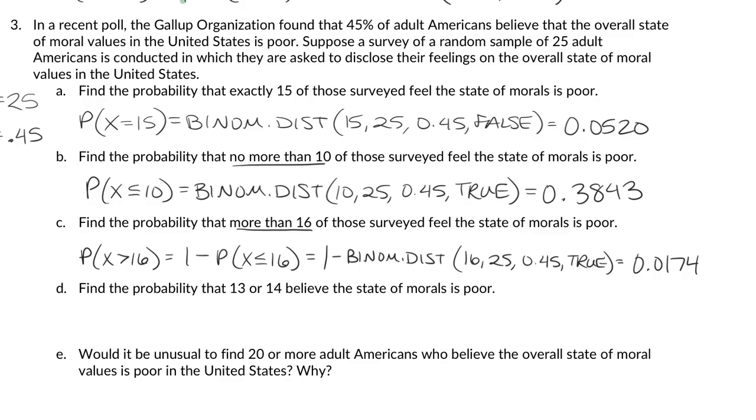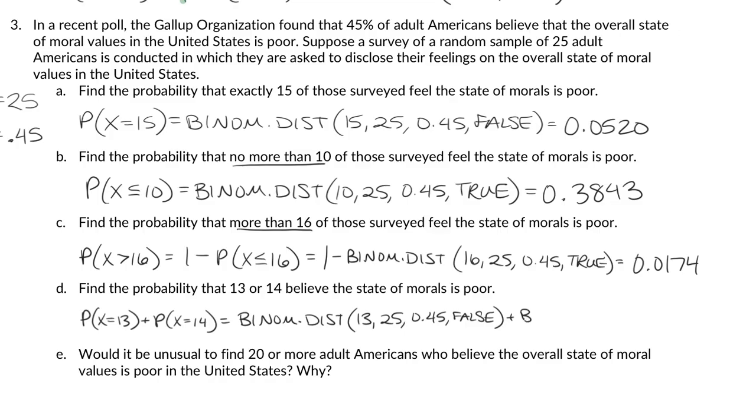You're going to do the probability that x is equal to 13 plus the probability that x is equal to 14, which means we are doing 2 binomial distributions. 13 out of 25 with a 45% chance of success. This one is false. And the binomial distribution of 14. False.